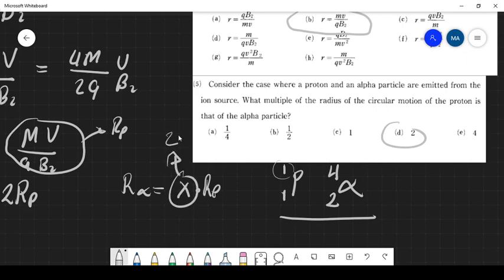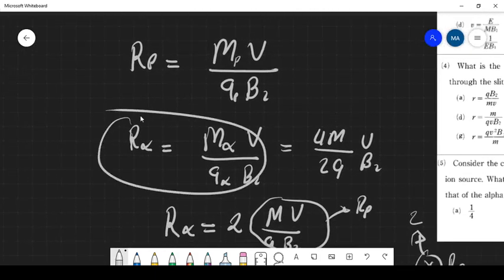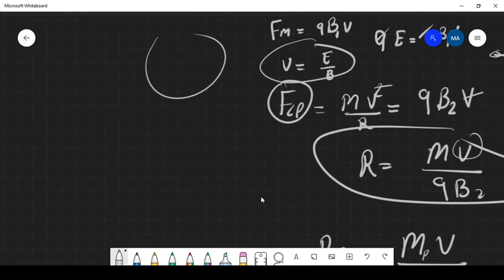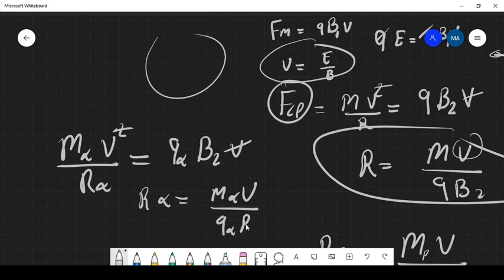So the concept that we did is that you would have done the same thing. For the alpha particle, what's acting on it: the mass of the alpha particle multiplied by v squared divided by the radius of the alpha particle must be the charge of the alpha particle multiplied by the field multiplied by the velocity, and here we will have that the radius of the alpha particle is m alpha v divided by k alpha B2.